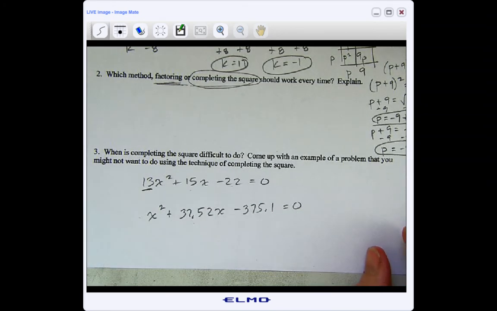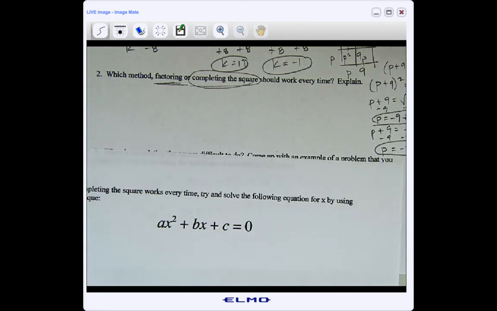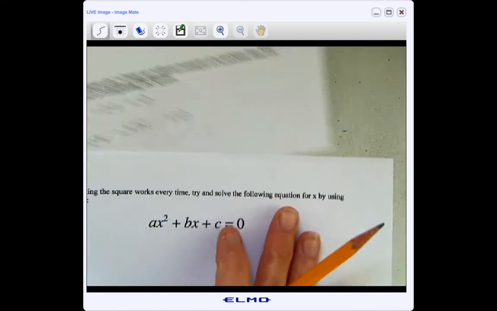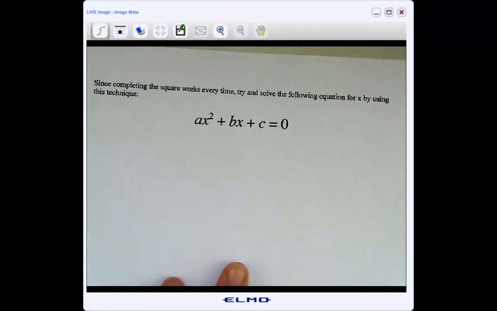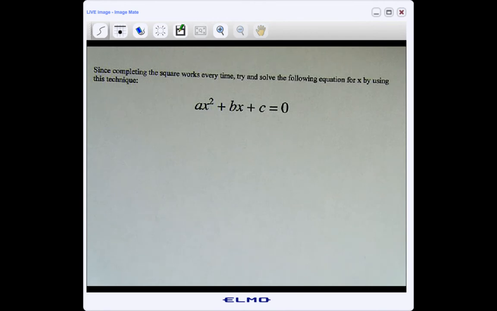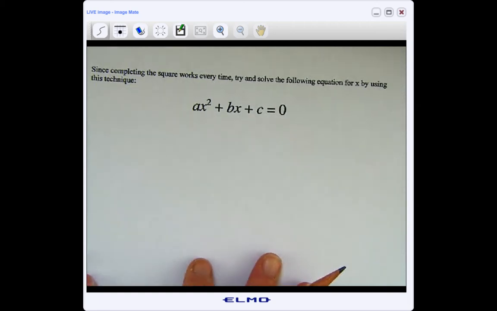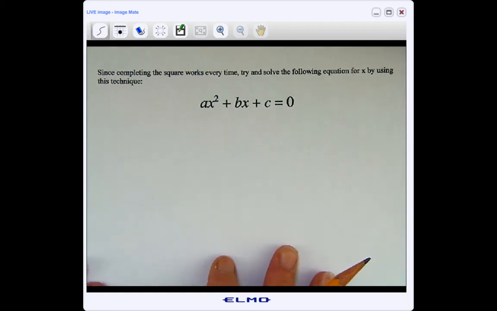So we're going to learn another method of solving a quadratic that will work every time. And it comes from understanding how you can complete the square with any quadratic in standard form. So this is pretty complicated.